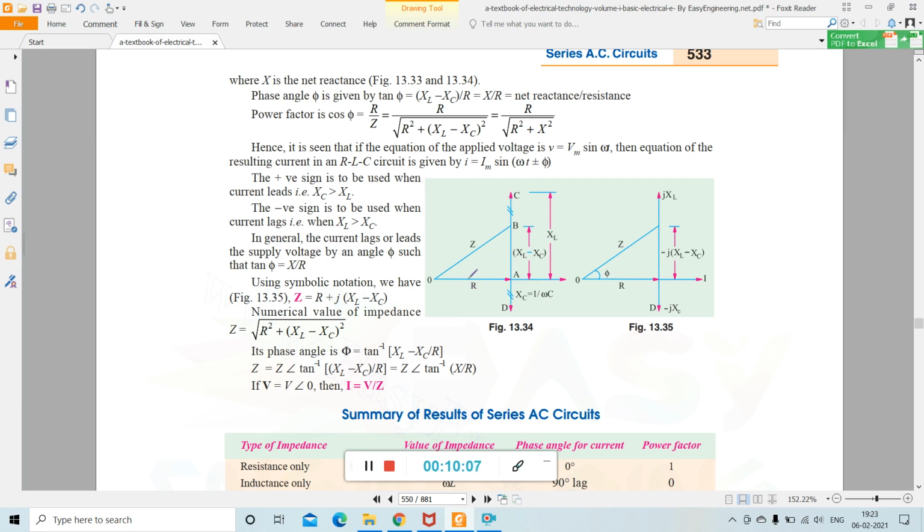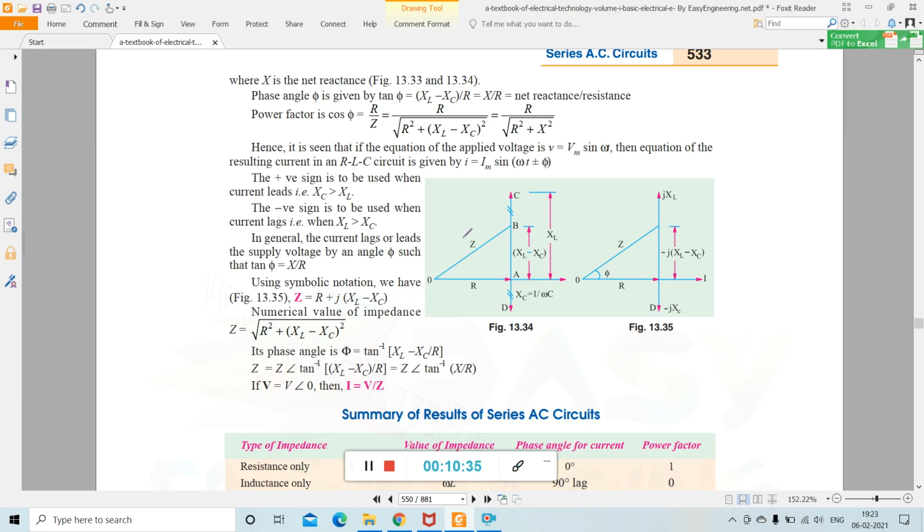So this is R, this is XL, then downward is the XC. This AD and BC are equal in magnitude, and then AB is XL minus XC, then OB is the Z. So here is the phase angle phi.